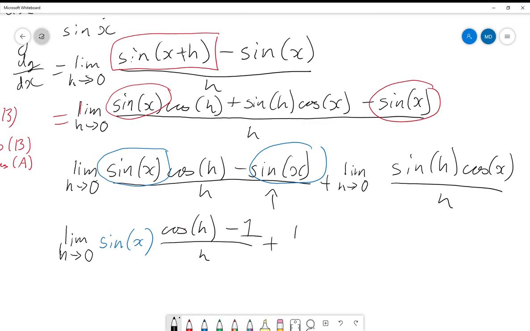And then we're still adding on the limit as h tends to 0 of, let's take that cosine x out, so we're just left with h's over here, of sine of h over h.